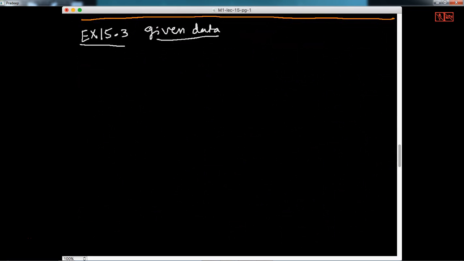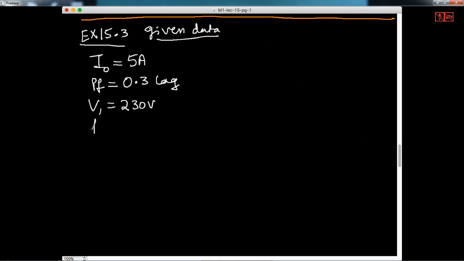This time the given data is: the no load current of the transformer, I naught, is 5 amperes at 0.3 power factor lag when supplied by a voltage of 230 volts, 50 hertz. Frequency is 50 hertz.